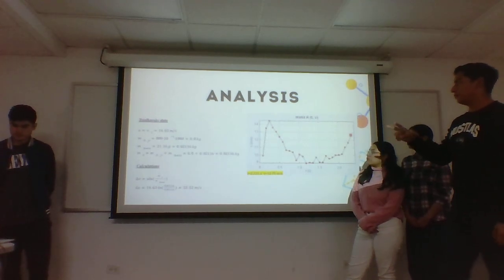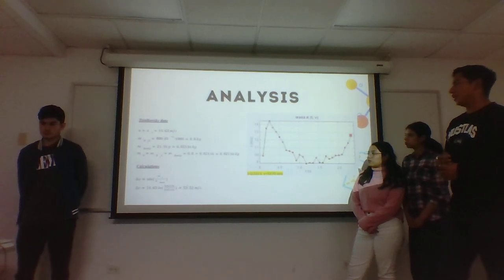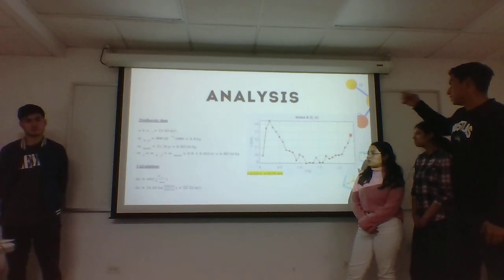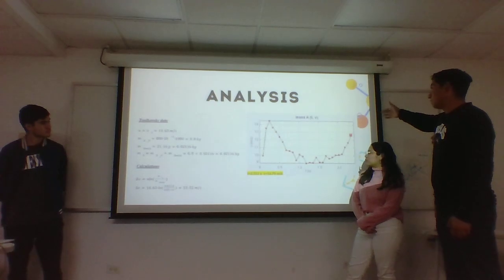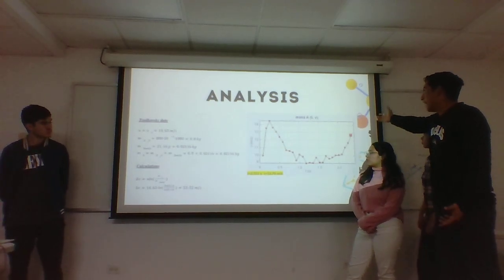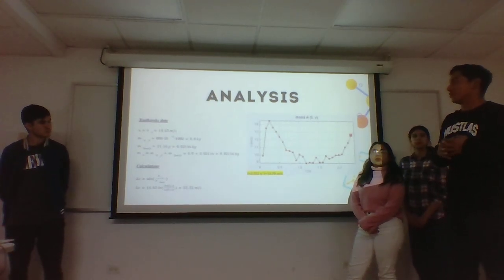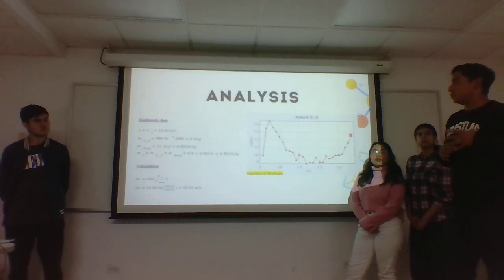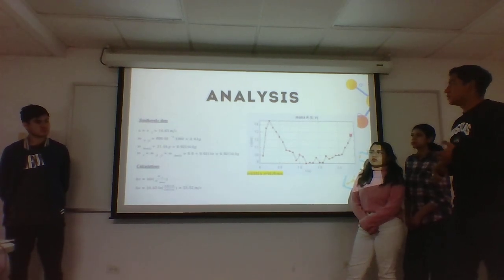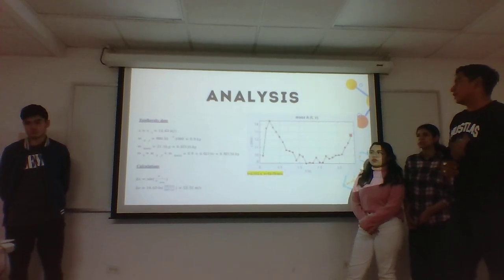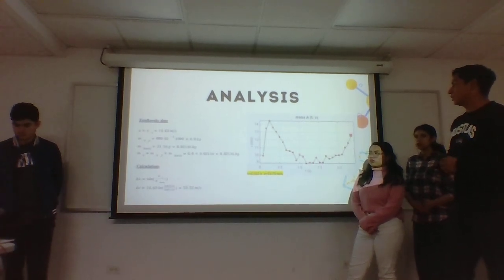We were supposed to get a final velocity of 53.52 meters per second, but as you can see in the graph, we got something like 12.8 due to problems such as aerodynamics or the drag force that we will talk about later.